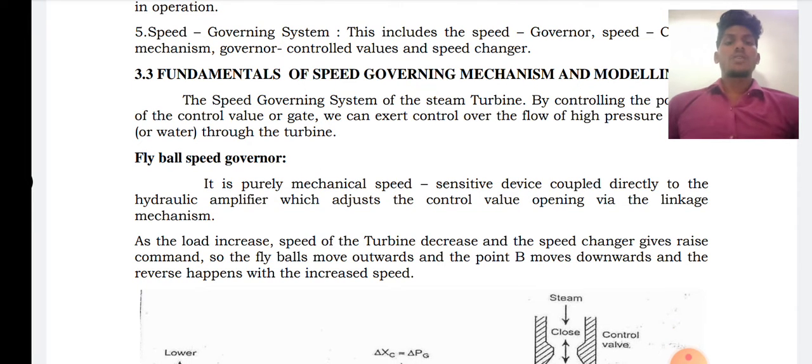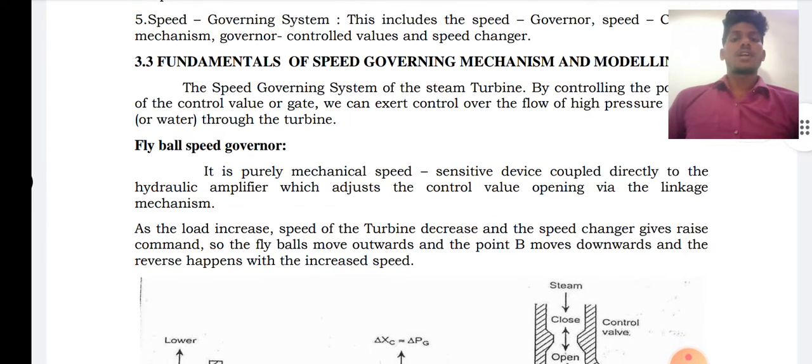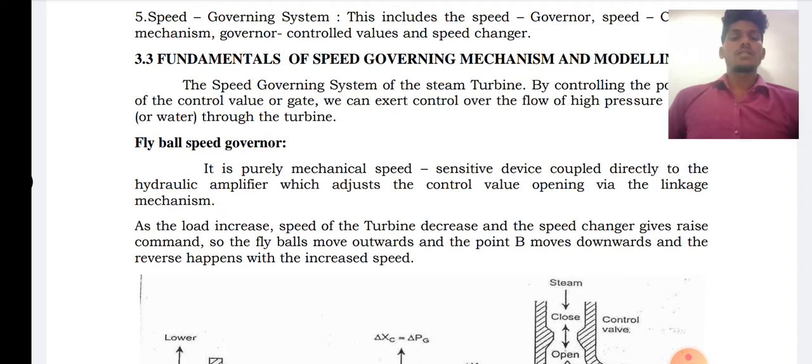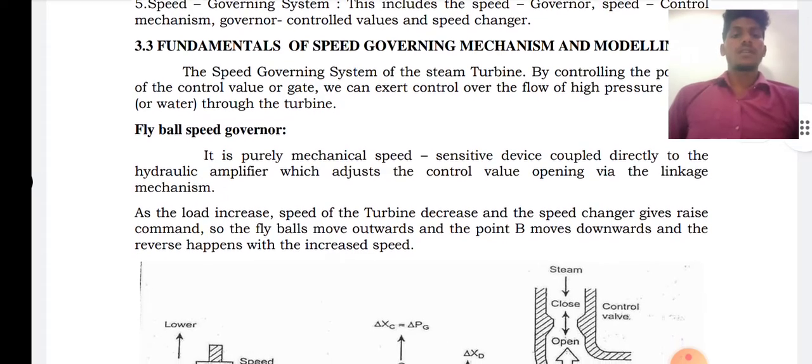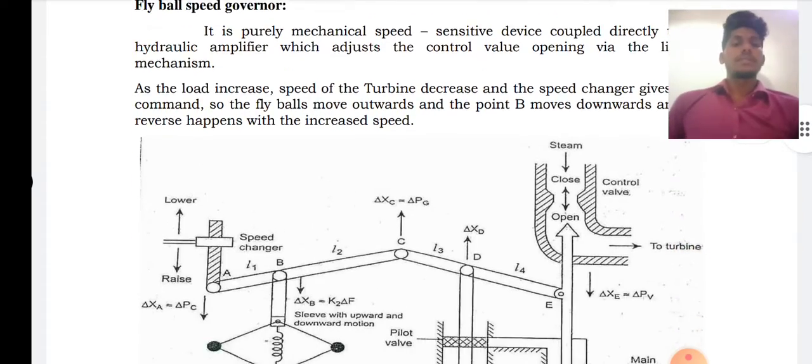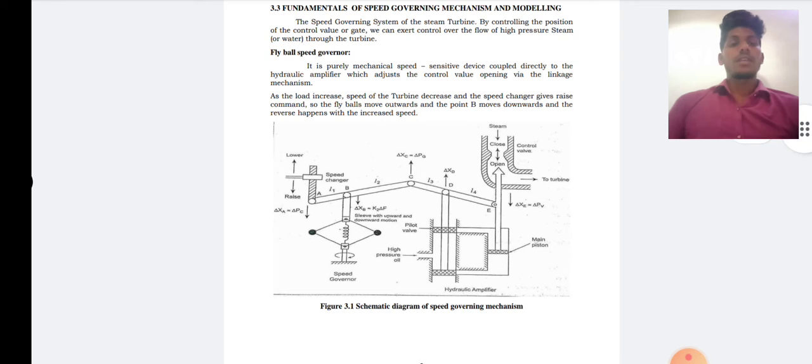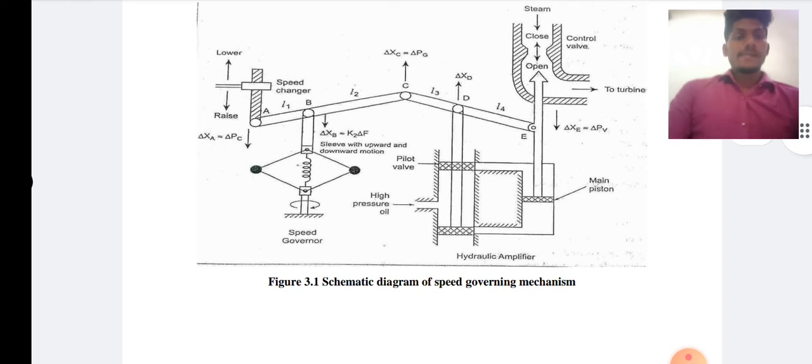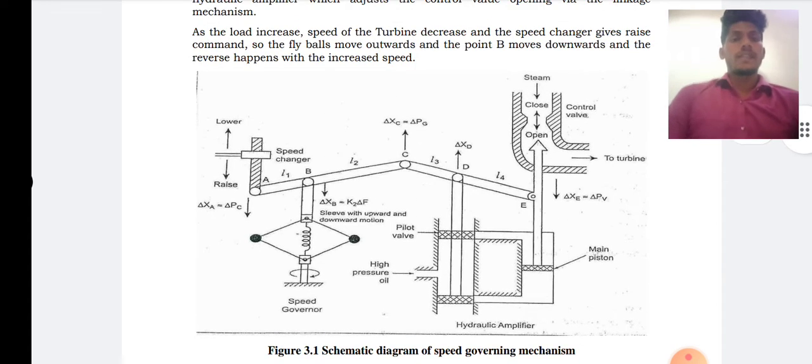As the load increases, the speed of the turbine decreases, the speed changer gives a rise, and the flyballs move down, so point B moves over. The reverse happens with increased speed. See the diagram.